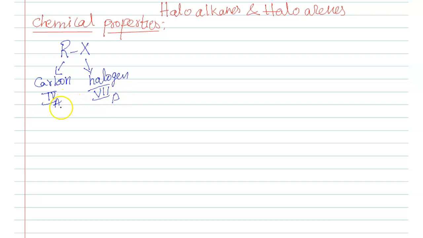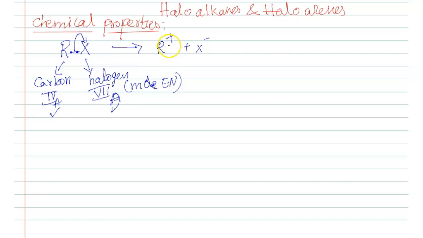So among the fourth group element and the seventh group element, which is more electronegative? Seventh group elements are more electronegative. Then the bonded electrons are taken by X, forming R plus and X minus. This is a heterolytic cleavage.